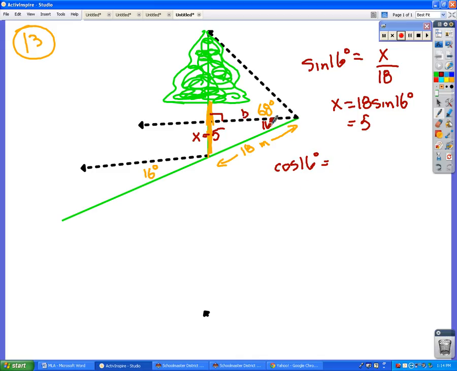So cosine of 16 degrees equals the adjacent side, which is B, divided by the hypotenuse, which is 18, and so if I multiply both sides by 18, I'm going to find out that B is 18 times the cosine of 16 degrees, which is about 17 meters. So now we know that this piece right here is 17 meters long.